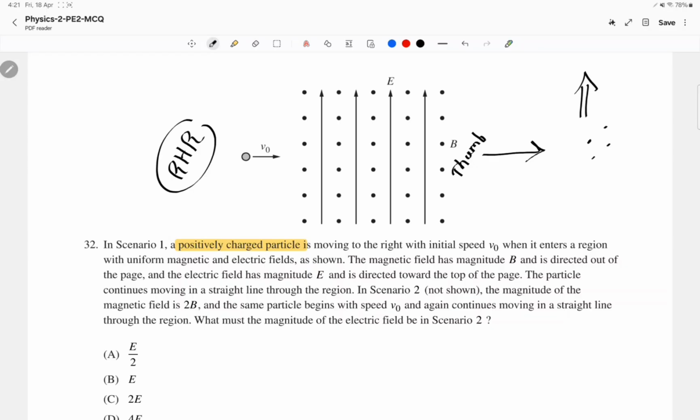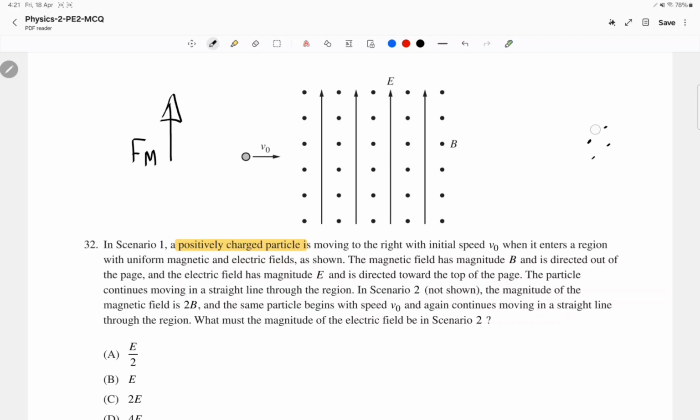So that means that the influence of the magnetic force should be to push the particle upward. Now, electric field always is heading from the positive plate toward the negative plate.